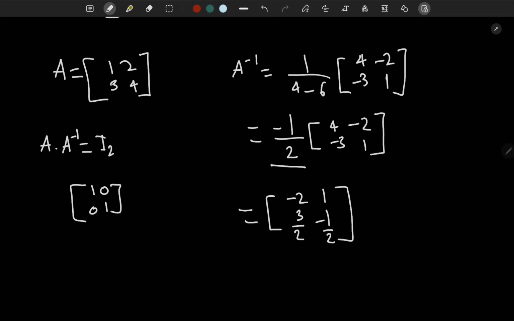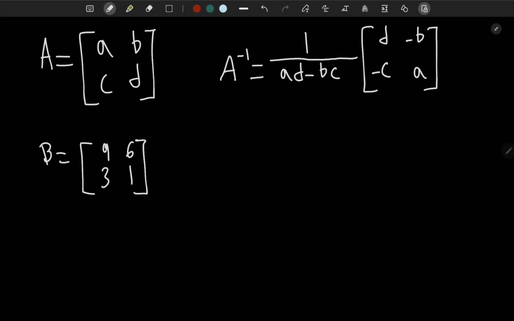So this is identity 2. Identity 3 will be 1 1 1 with 0 0 0 0 0 0 elsewhere. This is identity 3 here, and so on. So you can see that these are the identities.